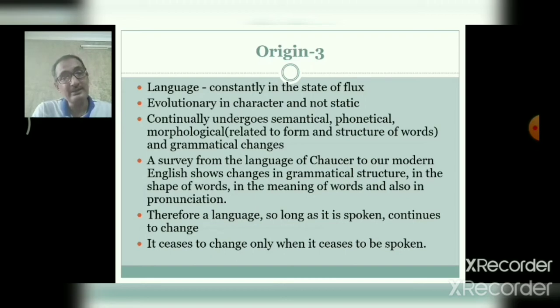And if a language cannot cease to be spoken, then language cannot cease to be changed. It ceases to change only when it ceases to be spoken. And when does it stop being spoken? Only when the human community is destroyed or wiped out, or maybe the language is completely shut off. So this is not possible.